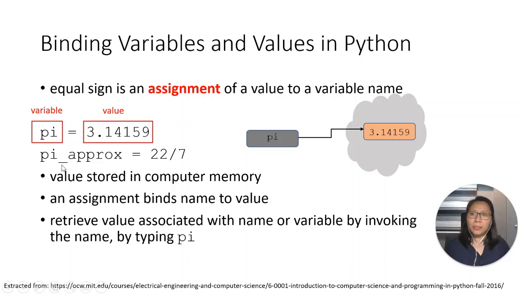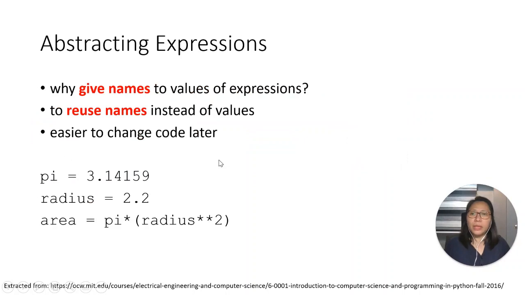In the second example, pi_approx equals 22/7. The 22 is divided by 7, and the answer to this expression is assigned, or bound, to the variable name pi_approx. We give names to values of expressions to be able to reuse the names instead of long expressions.